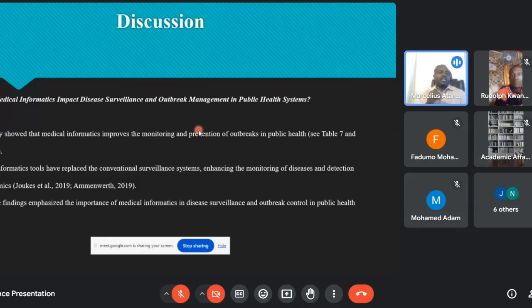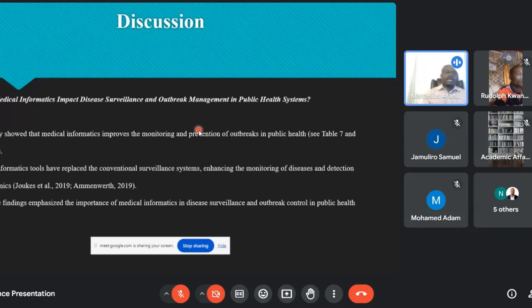This study showed that medical informatics improves monitoring and prevention of outbreaks in public health. We could see how fast COVID was handled, even though it was a heavy pandemic. We could see how fast a vaccine could come out for COVID, even though we know how long it takes to produce a standard vaccine.